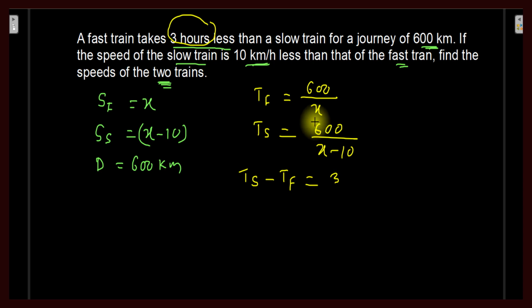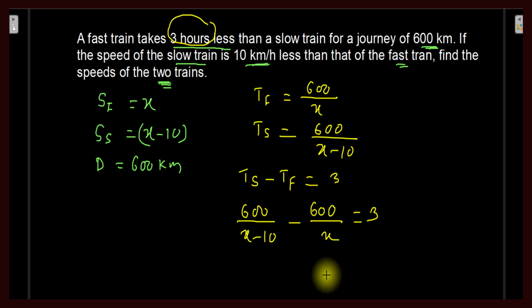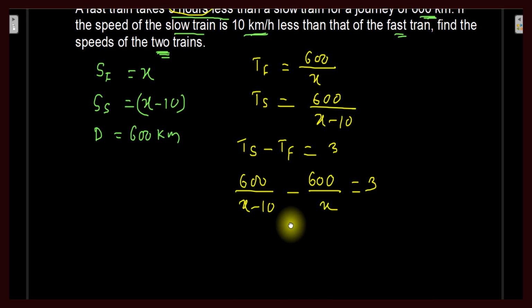And so Ts, the time taken by the slow train, is 600 upon x minus 10, minus the time taken by the fast train, that is 600 upon x, and which is equal to 3. Now this is the equation you have got.